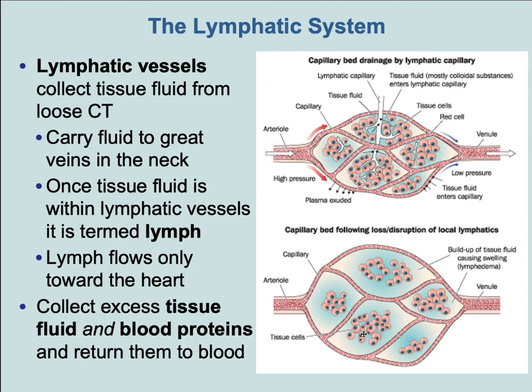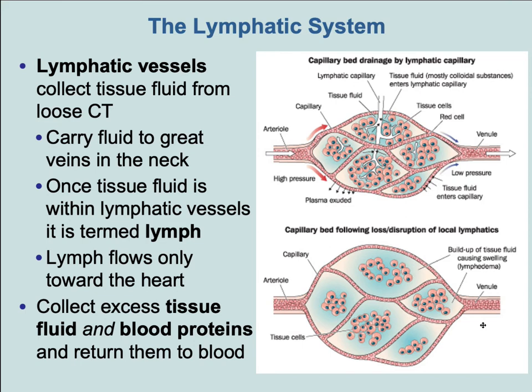Those blood proteins serve as a sponge. They attract water with them. So if you have an accumulation of blood proteins in this interstitial space, water is going to follow and cause the tissue to swell up. Eventually the entire cardiovascular system would collapse from insufficient volume.